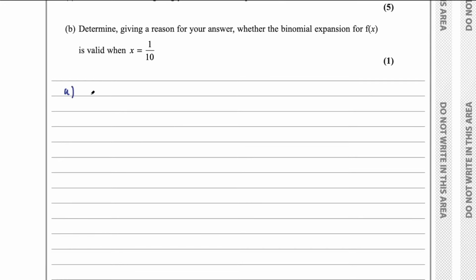So firstly, we have f of x equal to 2 plus kx to the power of -4. And what we want to do is to get that first number to be a 1. So we'll have to factorize something out of this so that we have that 1 as the first term in those brackets.